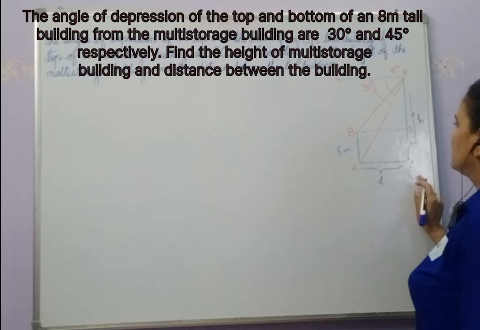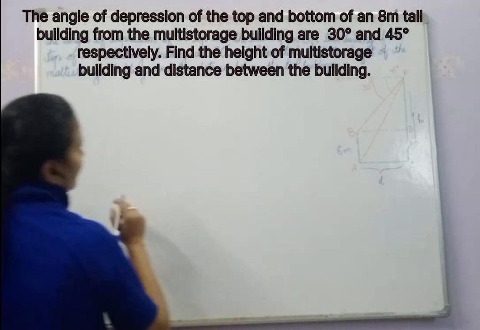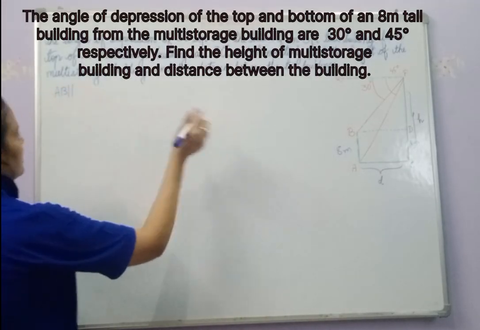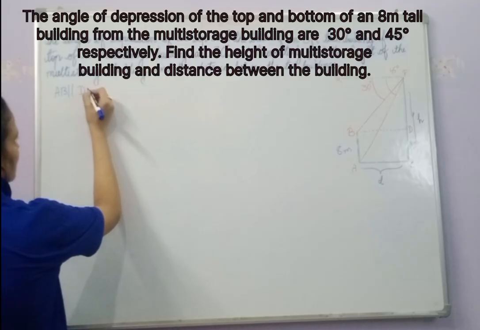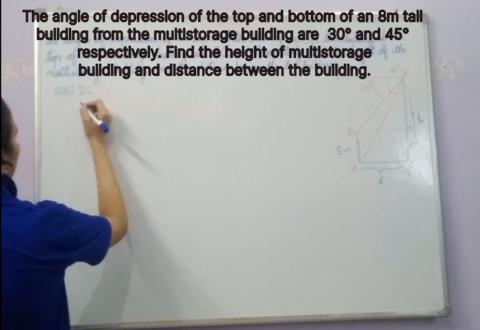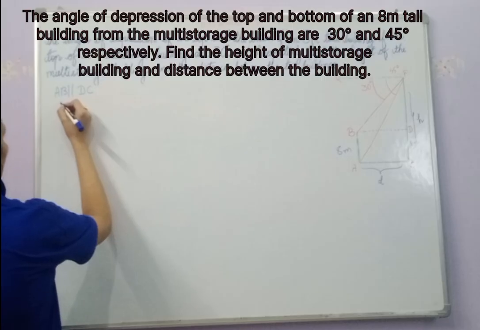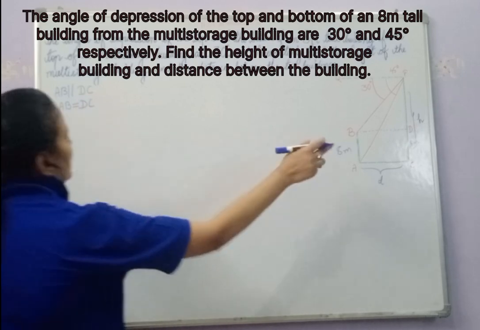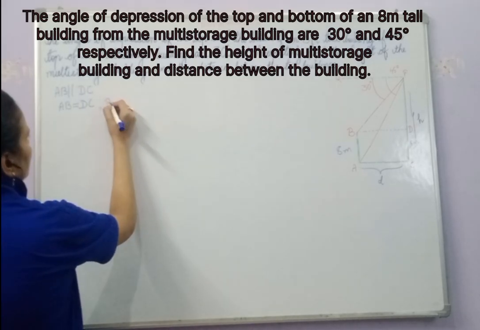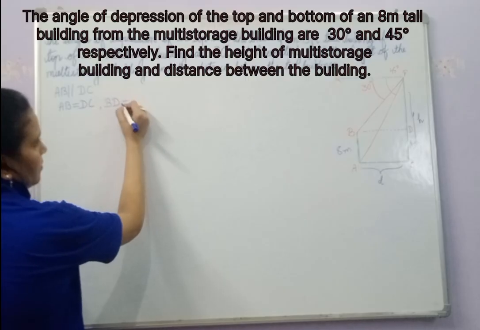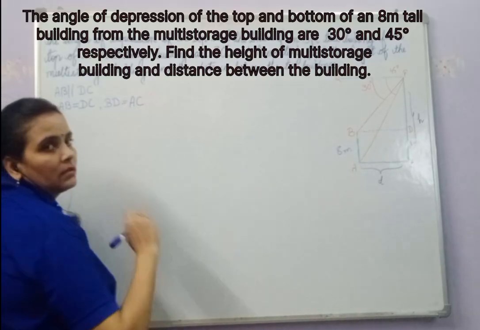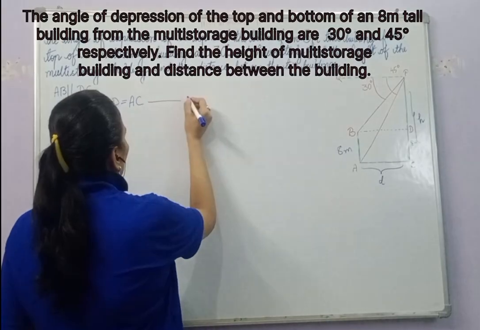I can write AB is parallel to DC, and AB is equal to DC. Similarly, BD will be equal to AC. We got this. Let us mark it 1.